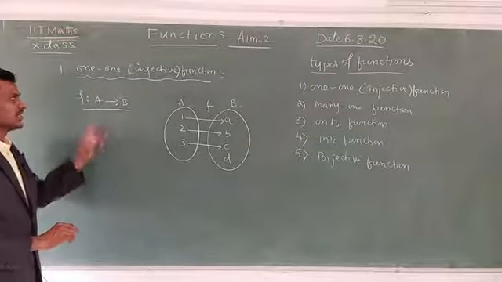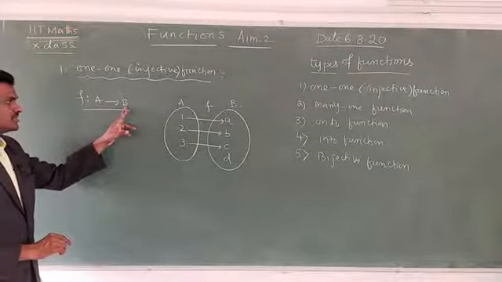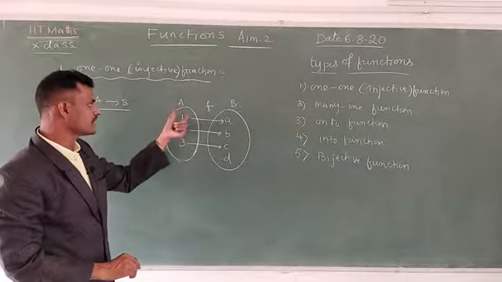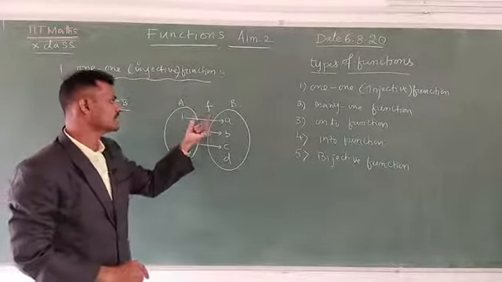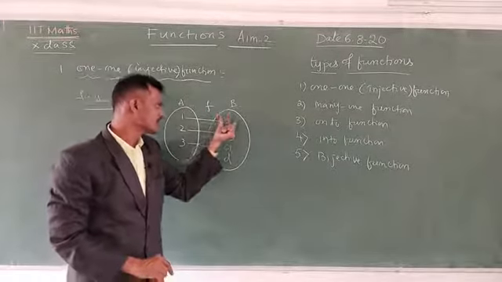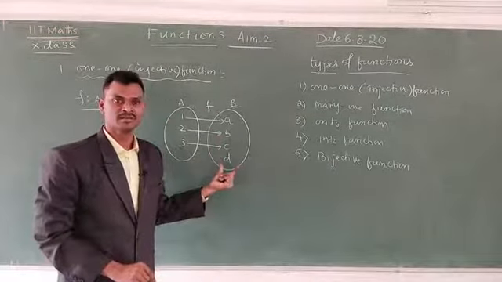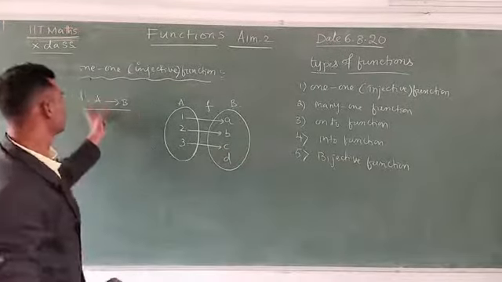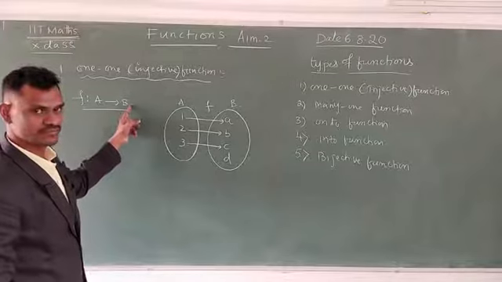Once again, listen: F from A to B is said to be one-one or injective if different elements of domain have different images in codomain.